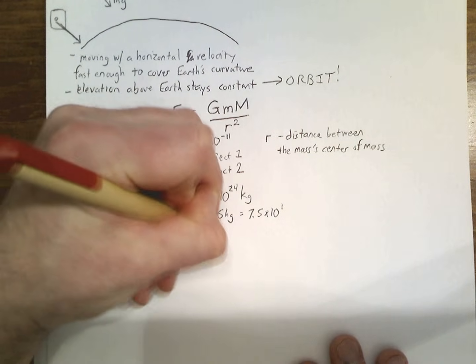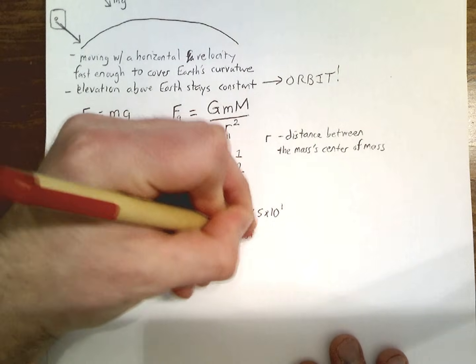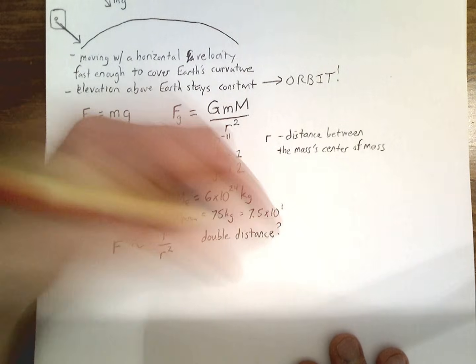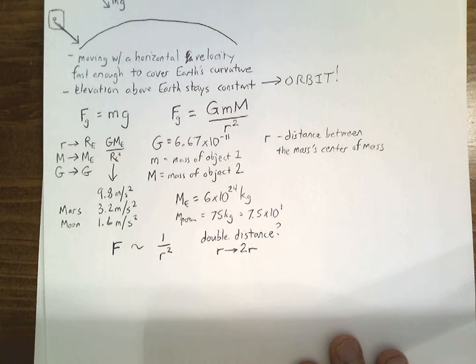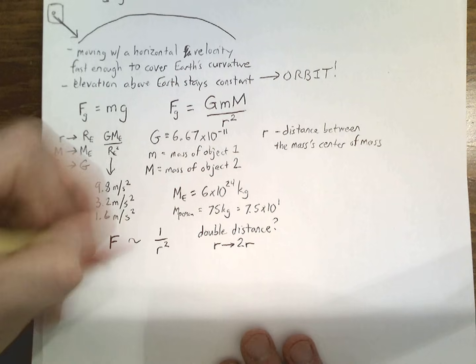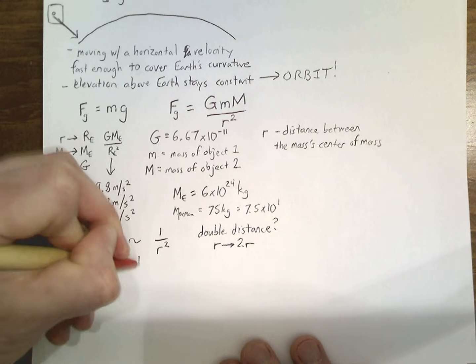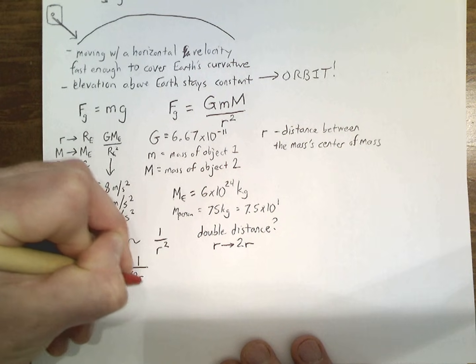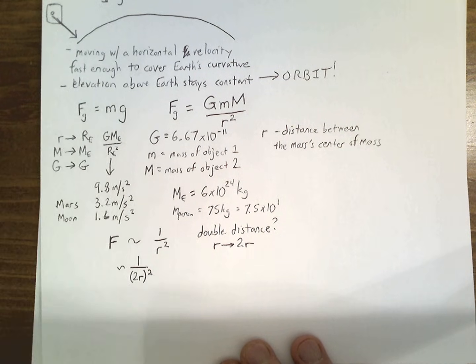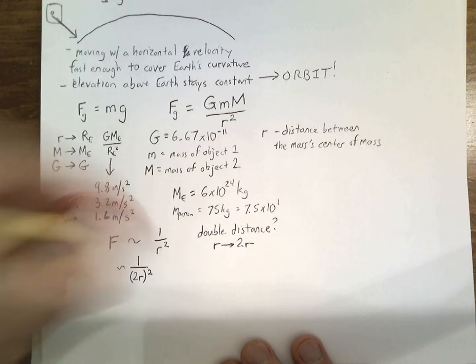If we double the distance, well, what's going to happen? r is going to map to 2r. It's 2 times as large. And so if I plug that into the scaling relationship, I put the 2r in parentheses, and both of those things become squared. We're going to apply the square to each of those symbols independently.